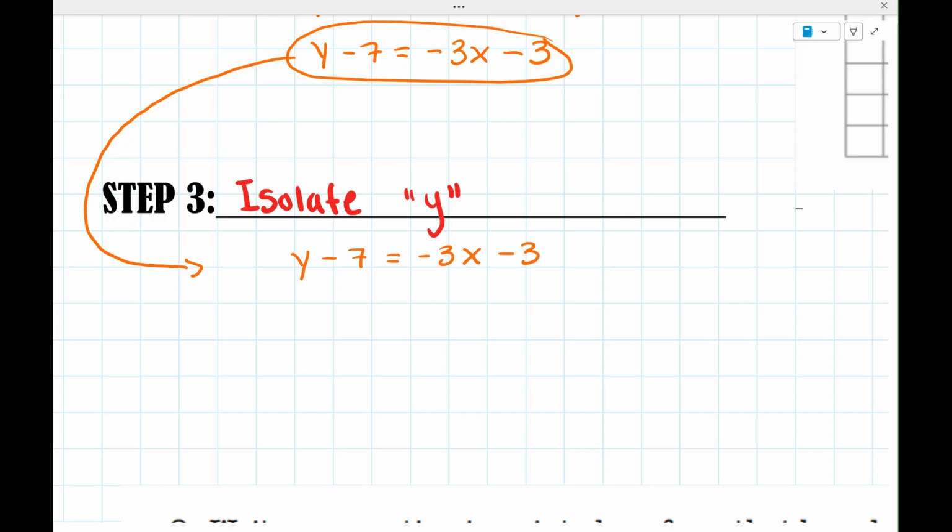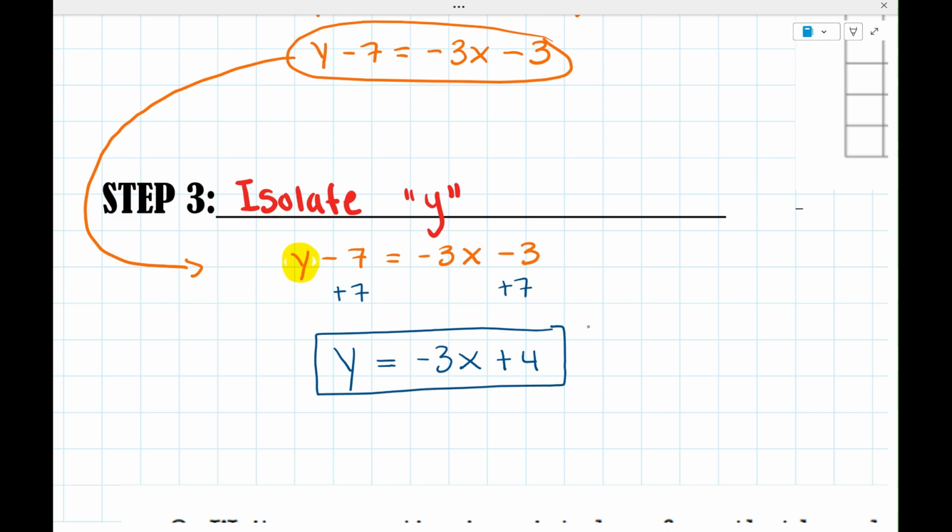And the plan here to isolate our y would be to undo minus 7. So to undo it, we're going to go ahead and add 7 to both sides. So finally, y is isolated, and we have our equation in slope-intercept form.